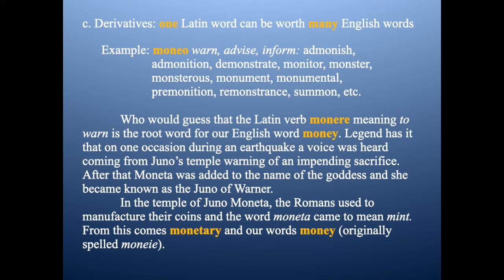And it was in her temple, one of the handful of temples that the Romans used to manufacture their coins, so the idea moneta came to us as our words monetary and mint, and of course anglicized to our word money. So it's interesting and fun to learn these facts that don't seem to relate and yet do very much so as we look back into history.